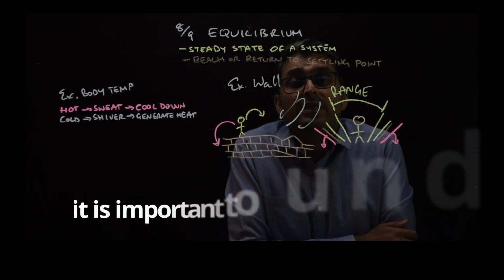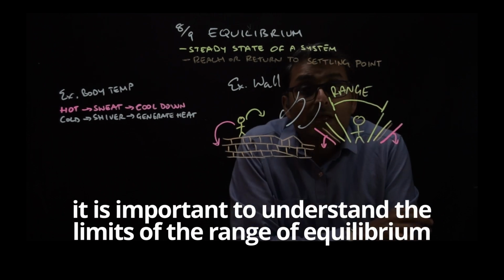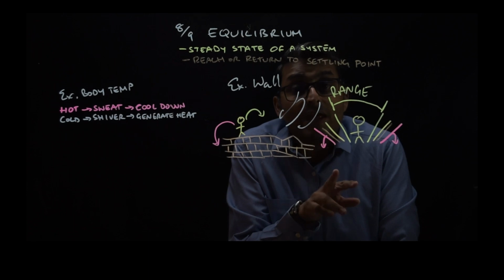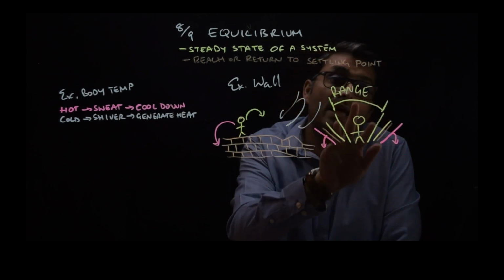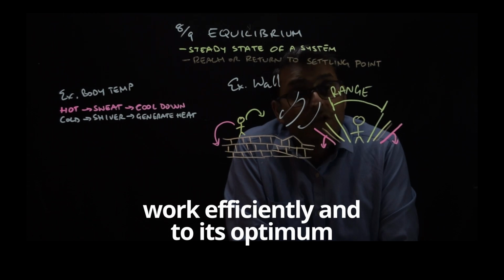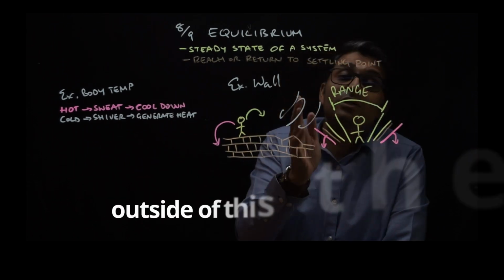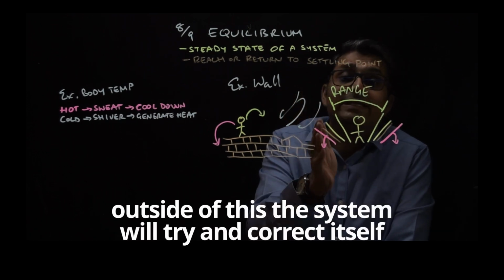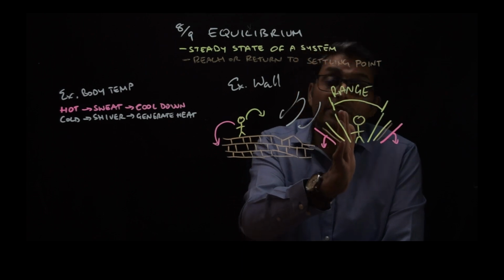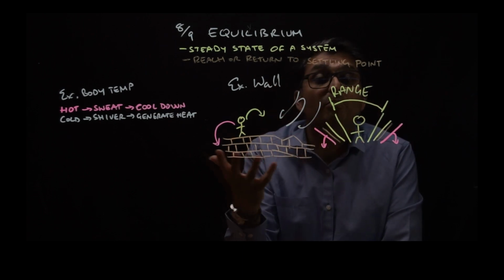Ultimately, it is important to understand the limits of the range here. That is the limits of the range of equilibrium, because it is within this range that the system can work efficiently and to its optimum. Outside of this range, the system will try and correct itself to return to equilibrium, but if it goes too far, then it won't be able to correct, and the system will fail or break down.